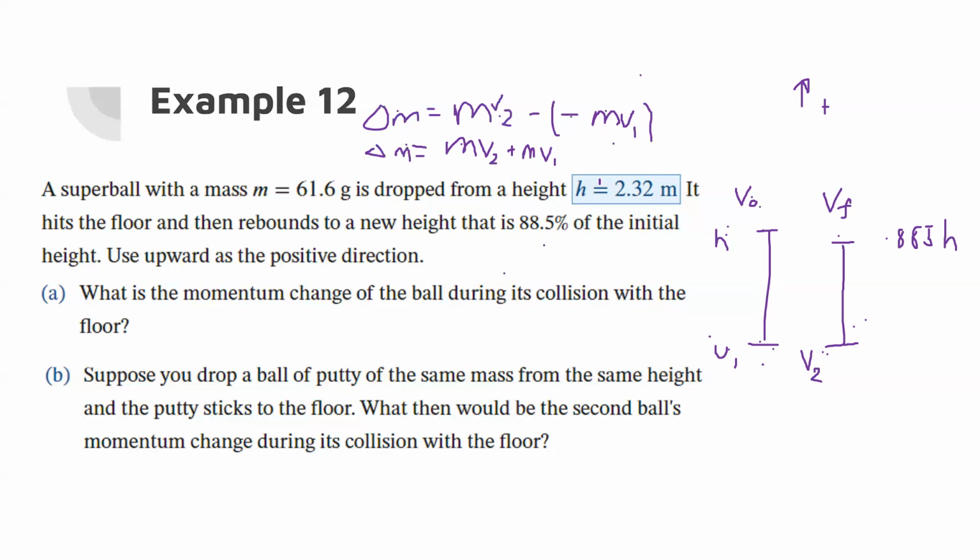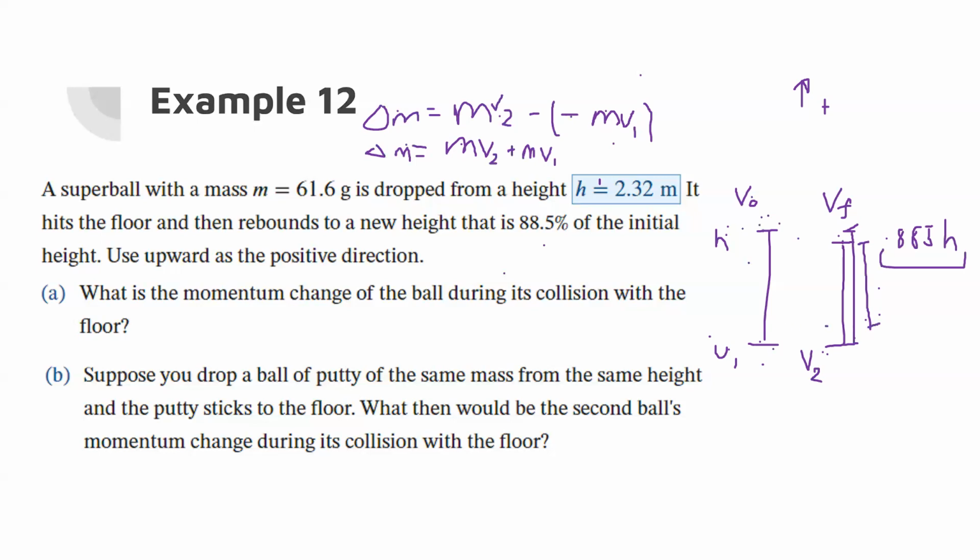Only problem is we don't know what either of those velocities are. Even though in this case we know specifically that it is not a perfectly elastic collision, because this obviously has less energy when it comes back up, because it doesn't come back up to the same height, it only goes up to part of the height, we can't quite use conservation of kinetic energy.